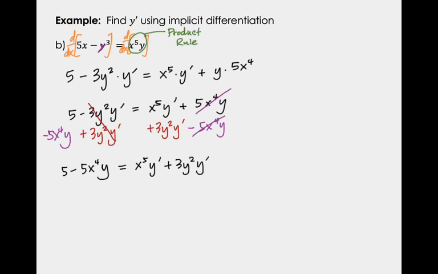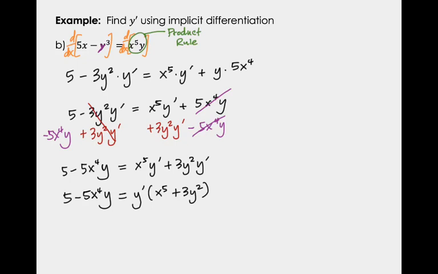All right, and then we can just do our trick from last time. Over on the right, I'm going to factor out a y prime, and you will always be able to do this step. And I'll be left with x to the fifth plus 3y squared. Just recopy this guy.